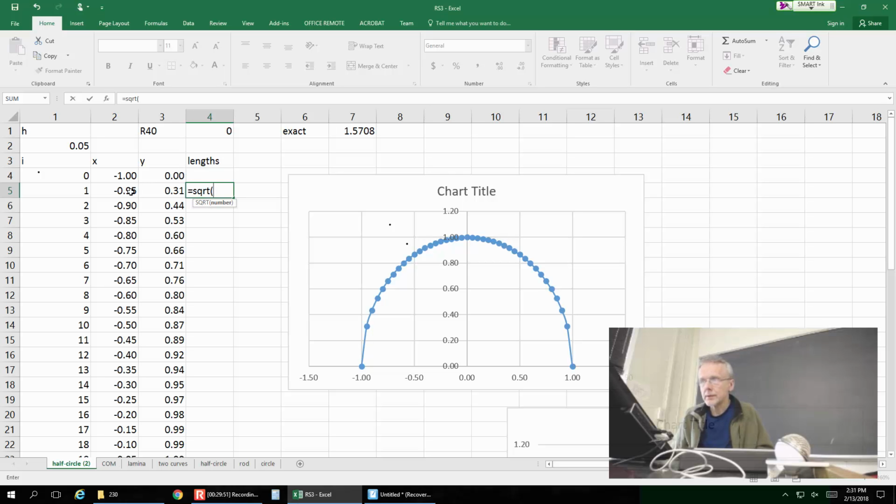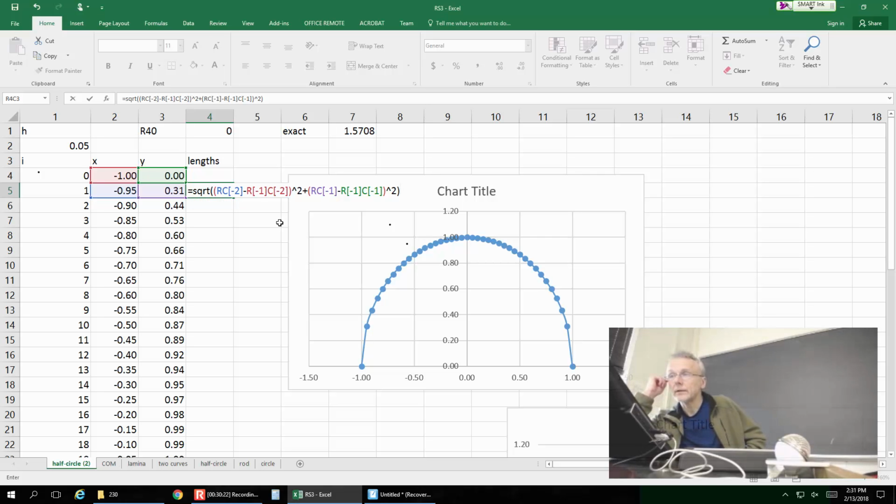So this minus that, parenthesis squared, and then the same for y, the difference of y coordinates squared, and another parenthesis to close the whole thing up.